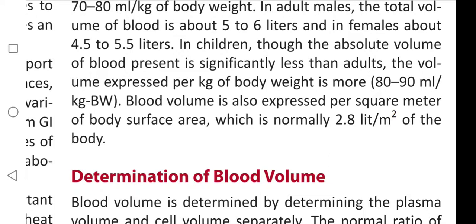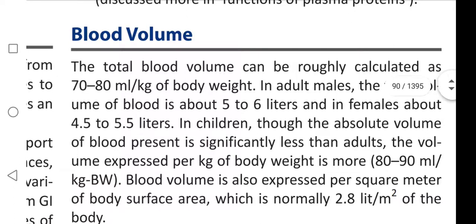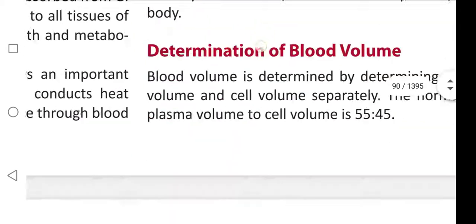Okay, in adults it is 70 to 80 ml per kg of body weight. In males total blood volume is 5 to 6 liters. In females it is 4.5 to 5.5 liters. Okay, these are the questions in this topic.